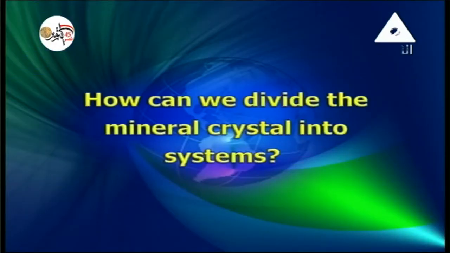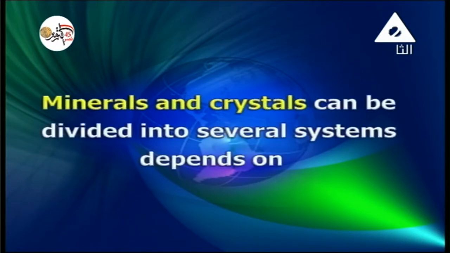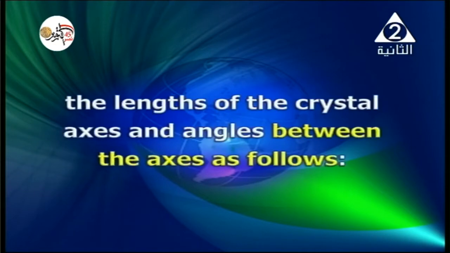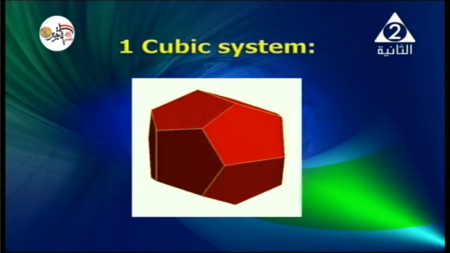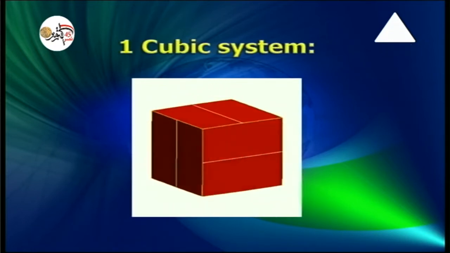How can we divide the mineral crystals into systems? Minerals and crystals can be divided into several systems depending on the length of the crystal axes and the angle between the axes, as follows. The cube system, or the cubic system.